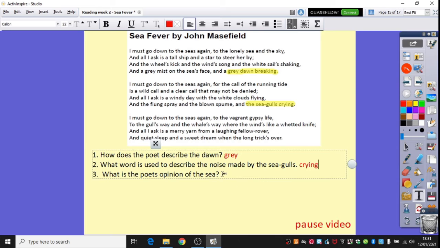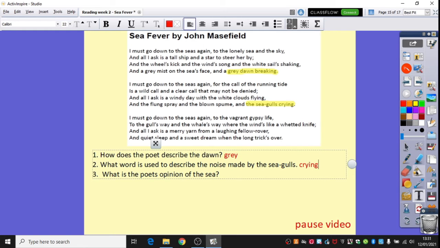And then this last one here, what is the poet's opinion of the sea? So I can use my thoughts from reading the whole text to gain an idea about this one. They're not telling us in black and white exactly what their opinion is. We need to do a little bit of inference from what's been said to find out what the poet thinks of the sea.